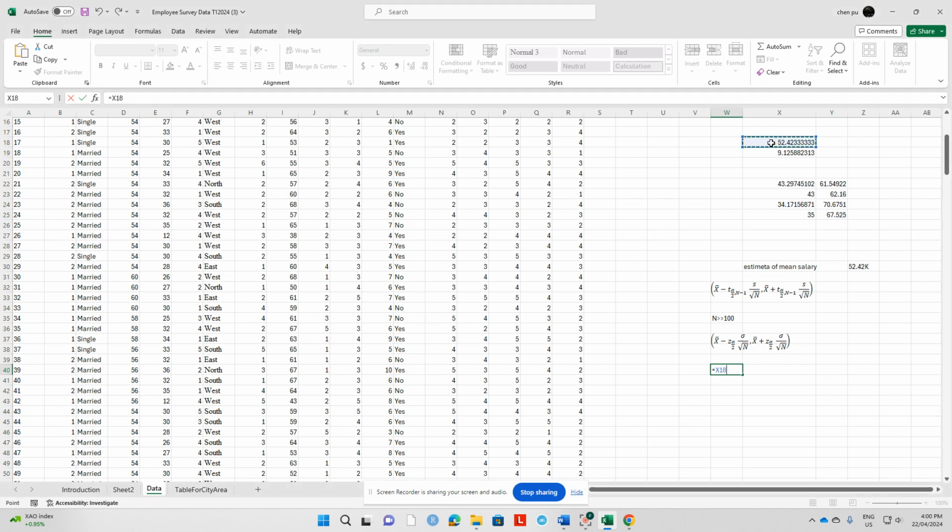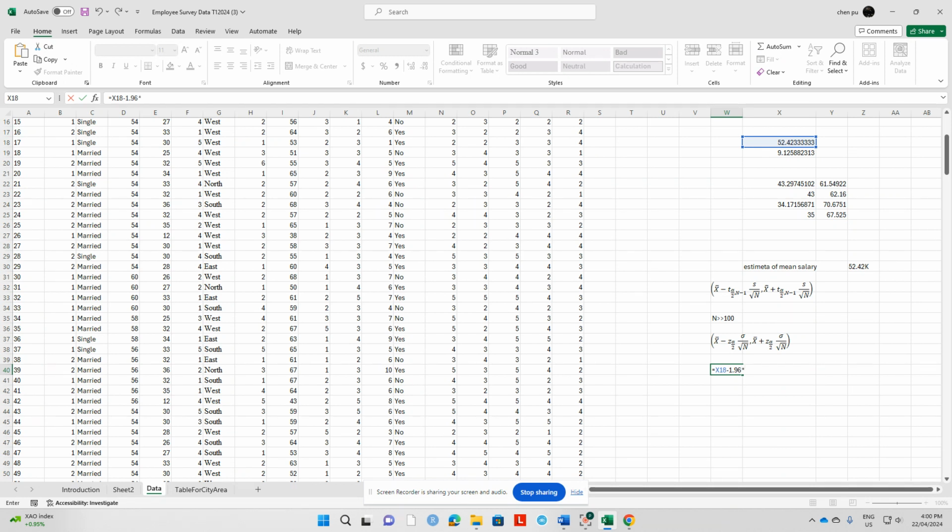Here is the average, then plus or minus first z half alpha. What is z half alpha? Z half alpha is the only one number I need you to remember. Z half alpha equals 1.96. This is in the whole of statistics.